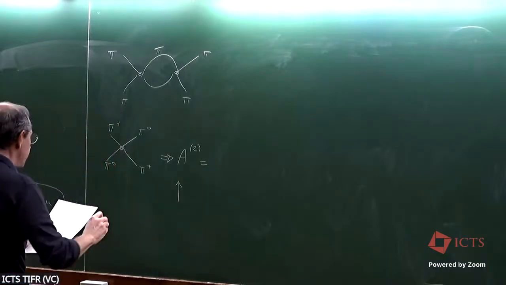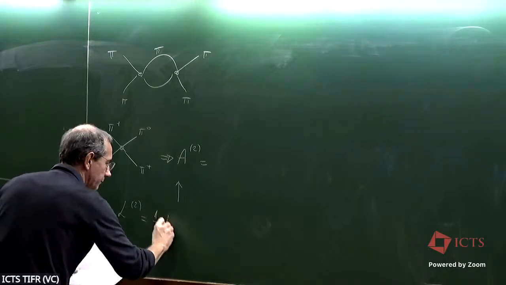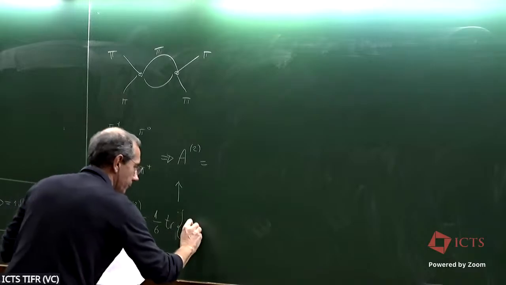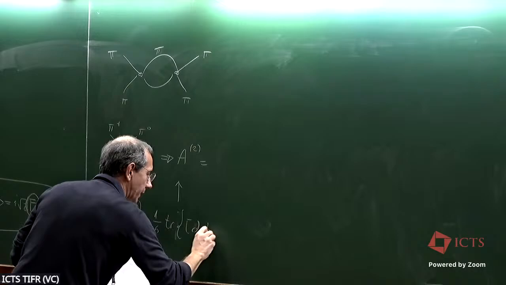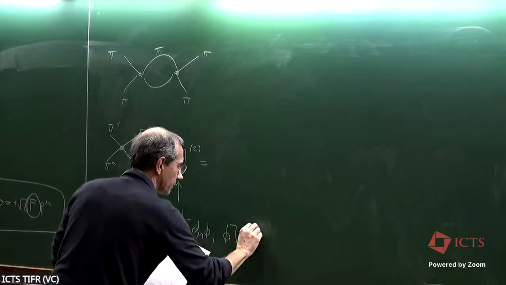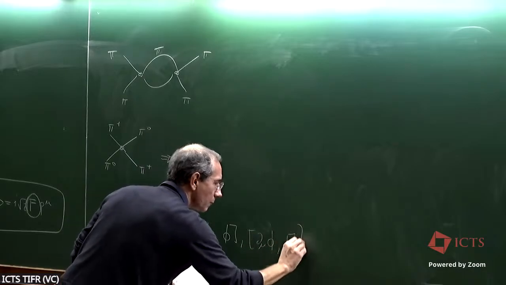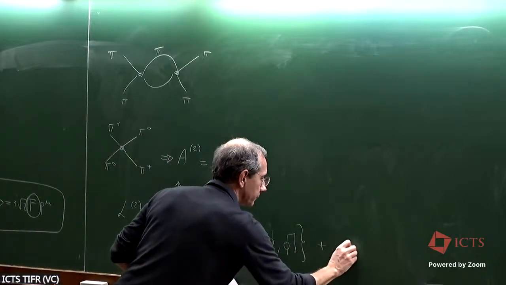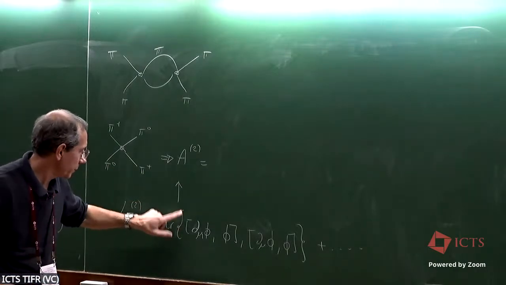It's really simple. You take your Lagrangian, you expand it, and you find trace of the mu phi, this is Lagrangian plus terms with more pions or less pions, but this is the term with 4 pions.